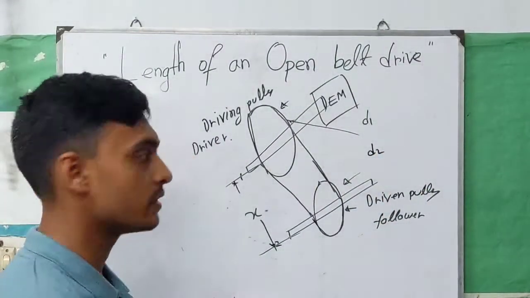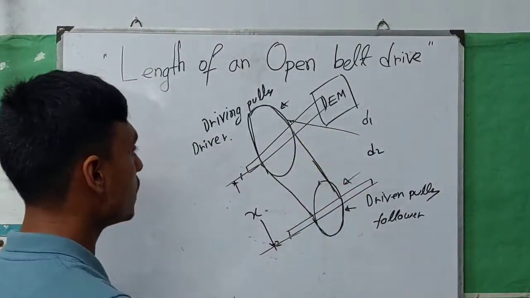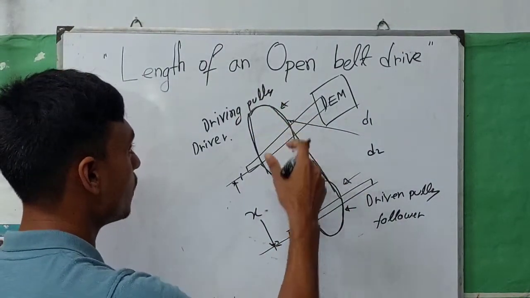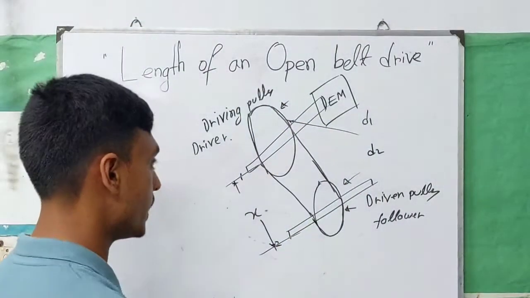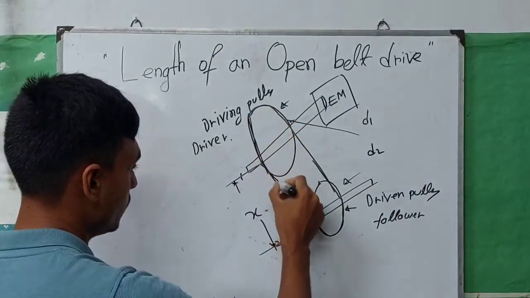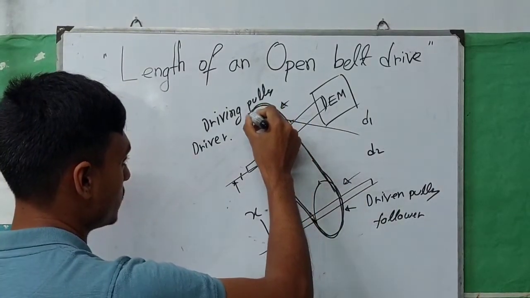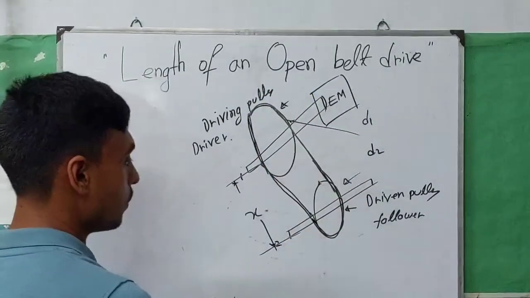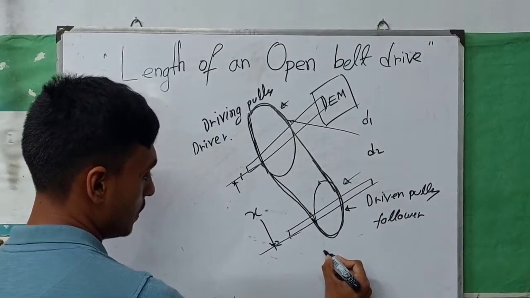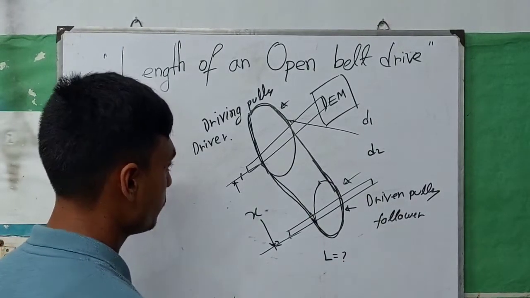This is our given value, and now I ask you: what is the length of the total open belt drive system? That means if I start from here, go around and finish here, the total length is called the length of an open belt drive, and now we calculate it.